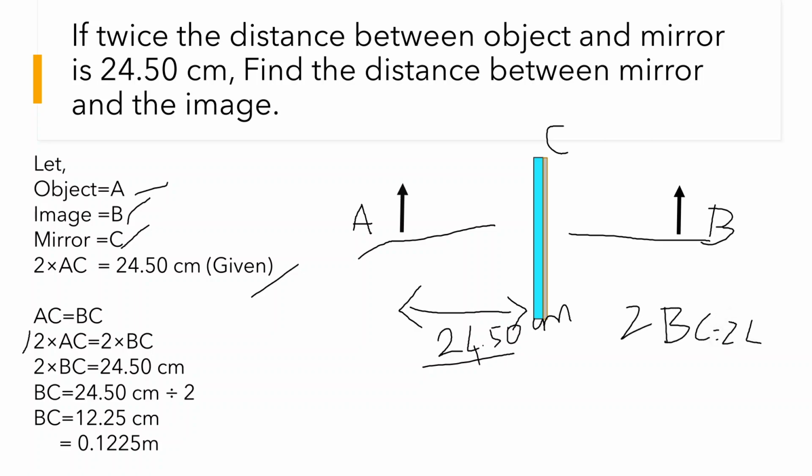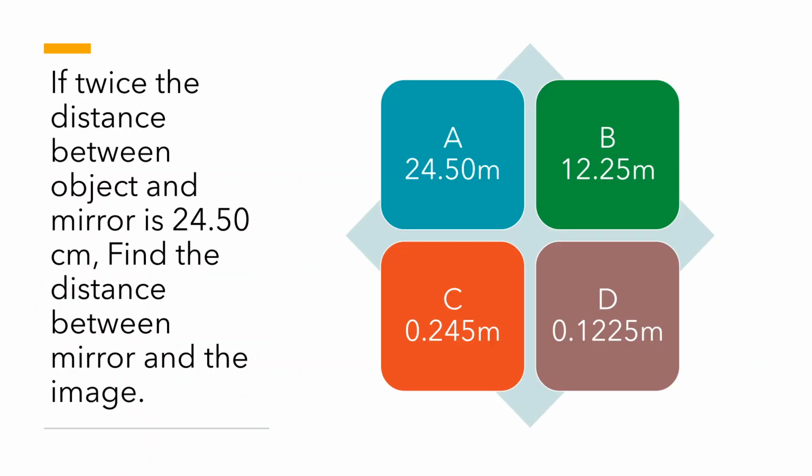If I bring this 2 to the other side, it changes to division, and BC is equal to 24.50 by 2, which is 12.25 centimeter.